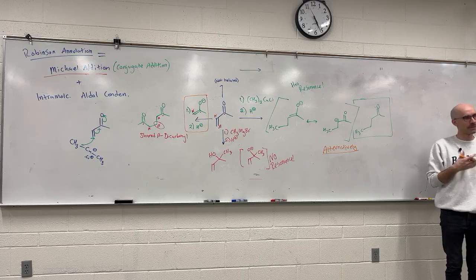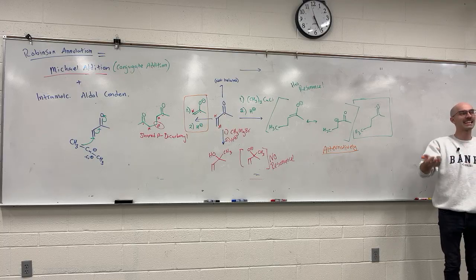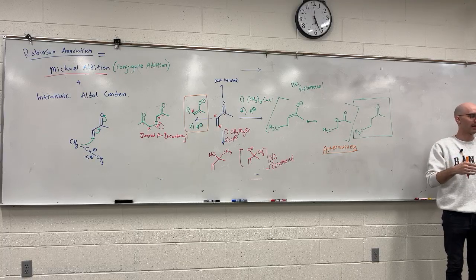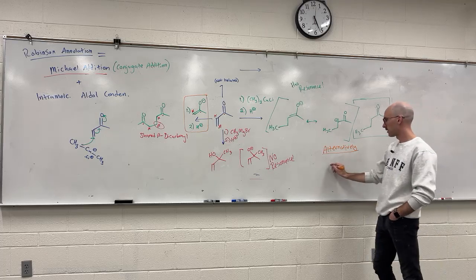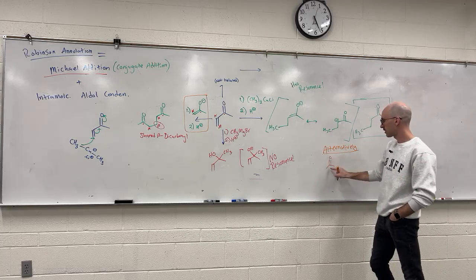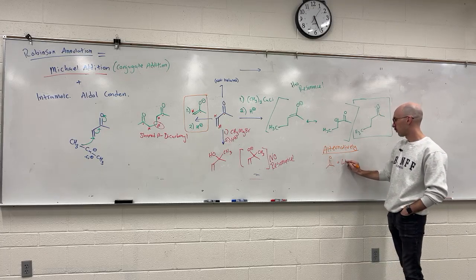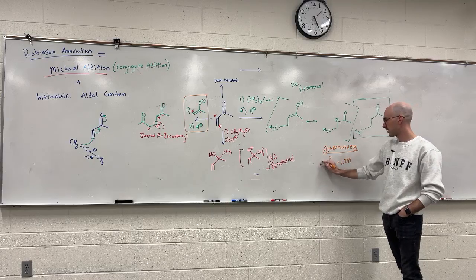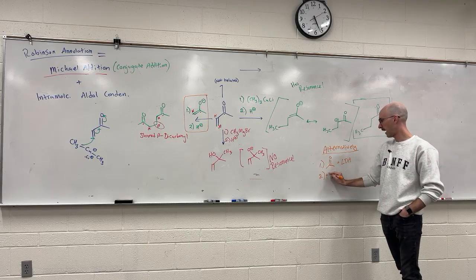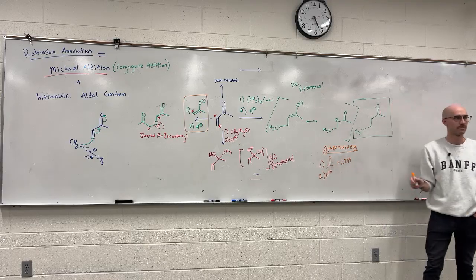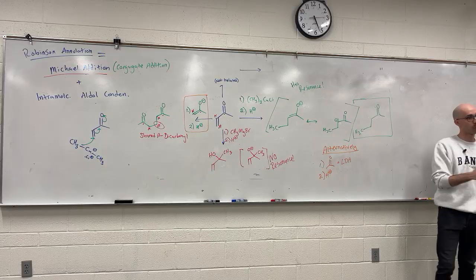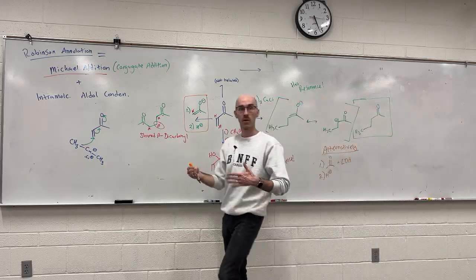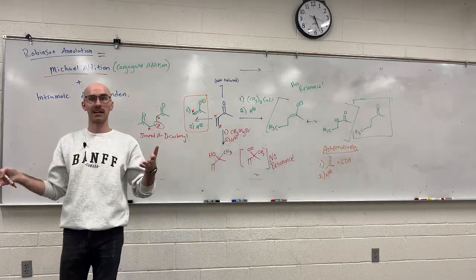But maybe I don't want to show the enolate itself. Maybe I want to show how I will form the enolate. So I could take a carbonyl with LDA, and I could write that as step 1. Because a carbonyl with LDA will completely enolize.